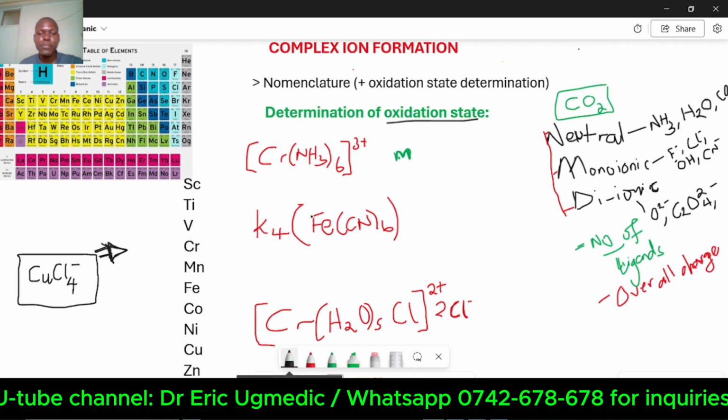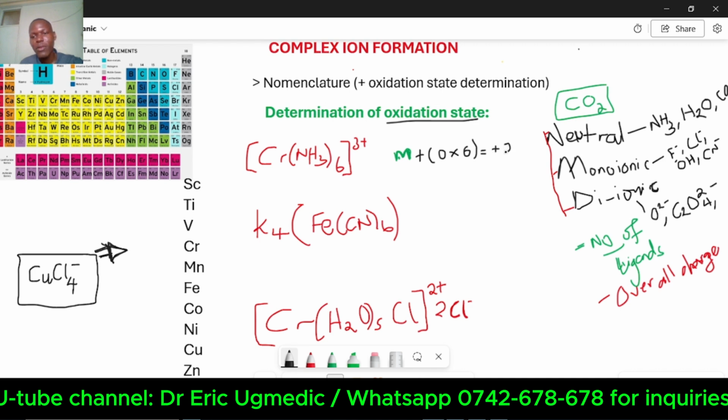So I have chromium, which is M, plus, what is the oxidation state of ammonia? It's a neutral ligand, so it will be 0. However, there are 6 ammonia molecules, so I'll multiply the oxidation state by 6 and then equate to the overall charge.